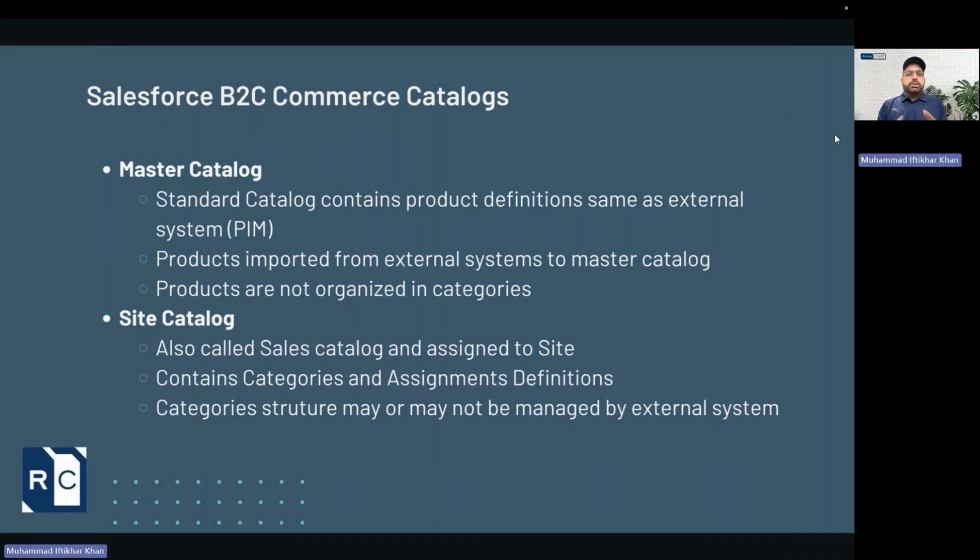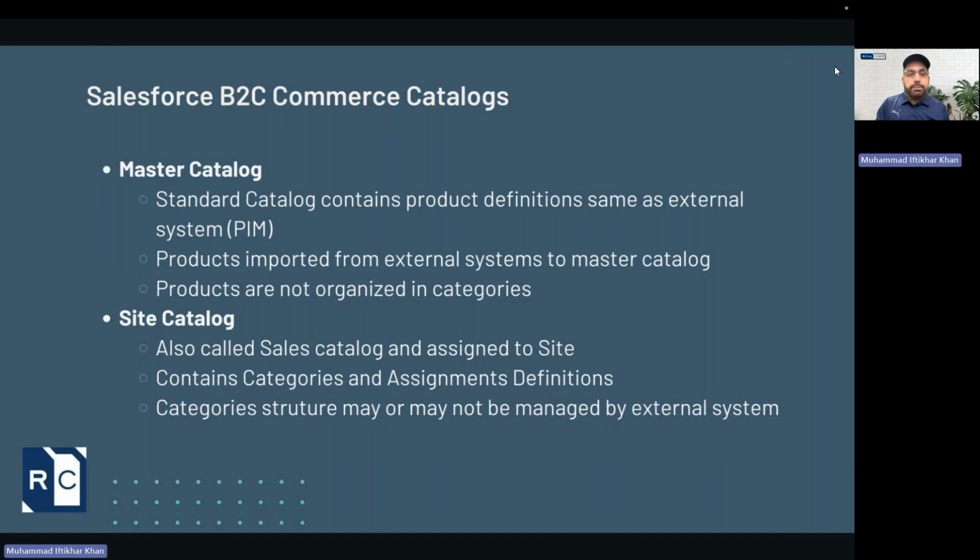Technically, you can also create a single XML where you first define your product definitions, then category definitions, and then category assignments, and the merchandising team member can import this XML into Salesforce B2C. Or maybe we will learn it at a later stage. But the point is that, conceptually, the master catalog contains the product definitions, and the site catalog contains the category definitions and the category assignments.